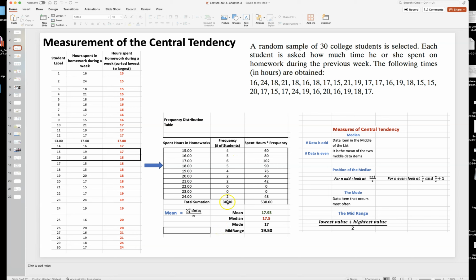Okay? When I look at this, I can see that there is a specific outcome that has the highest frequency of students, and that corresponds to 17. I mean, the realization in our sample of a student that spends 17 hours doing the homework is the highest frequency in that sample.